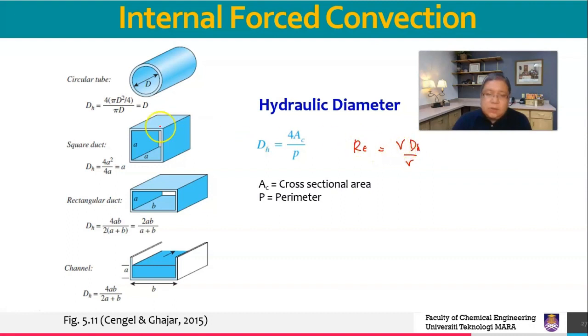For a circular tube, the hydraulic diameter is basically D, the diameter of the tube. For a square duct, it is a.